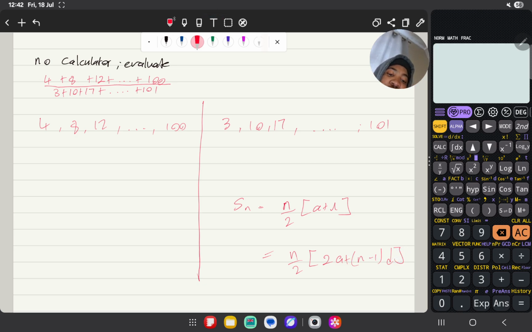These are two formulas. For the first one, you need the last term, which we have. And then we have a, which we do have, but we don't know how many terms there are, so we need to find those.